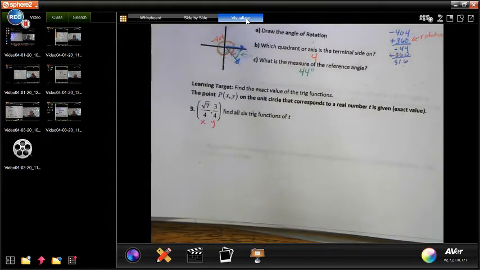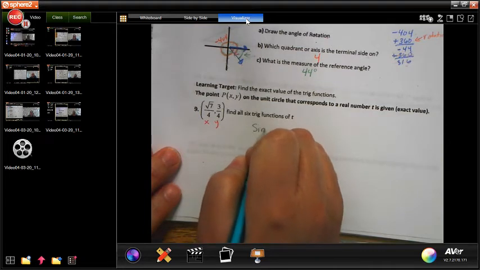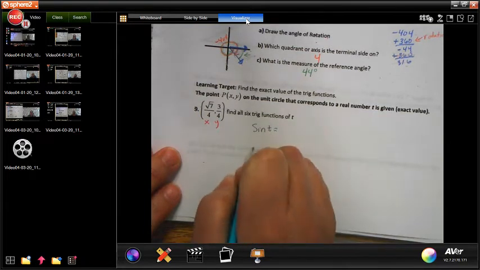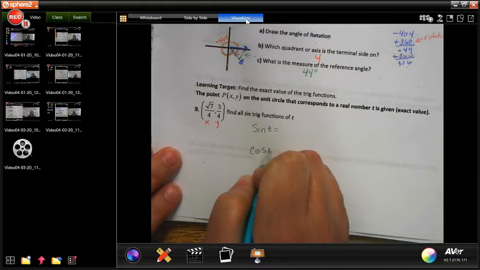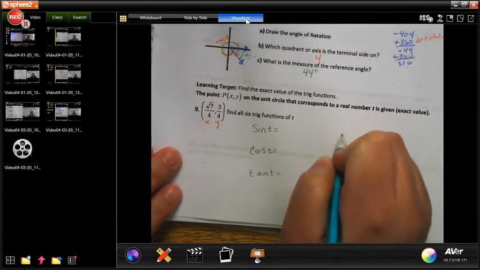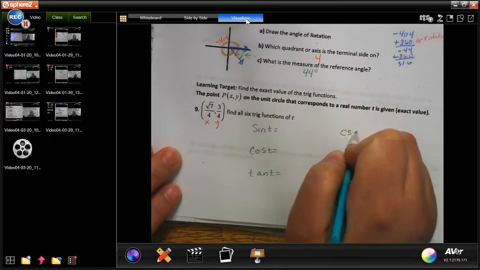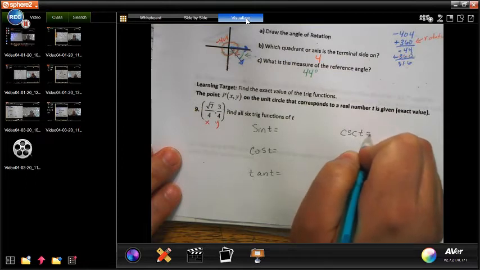We need to find the 6 trig functions. Let me go ahead and list those real quick. Sine, and then sine goes with cosecant, they're reciprocals.